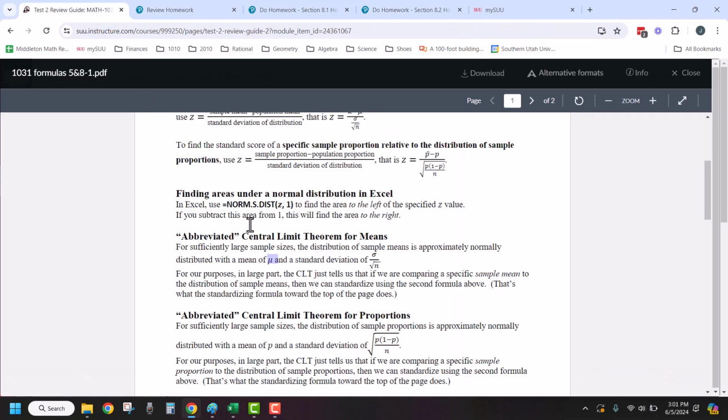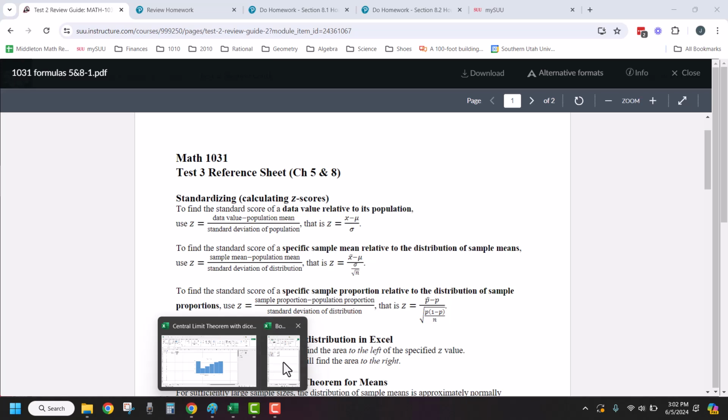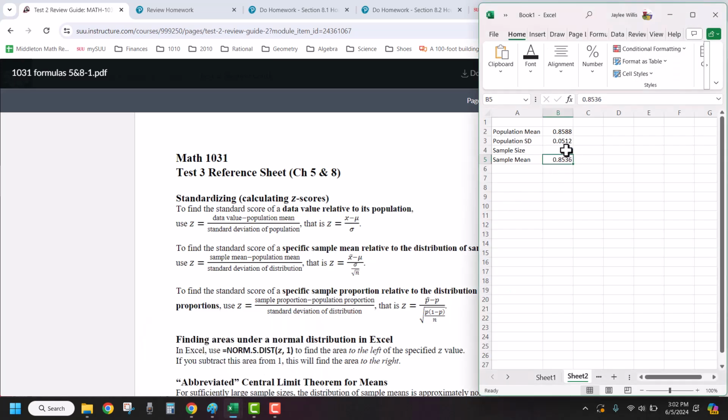So if we go back to our formula sheet and we look at the standardizing z-scores for sample means, the formula is very similar to the z-score we were using before for individual data points. The difference here is instead of taking a data value minus the population mean, we're going to take the sample mean, or in other words, the average of the whole sample we're taking, which for this first question is just a sample size of 1.